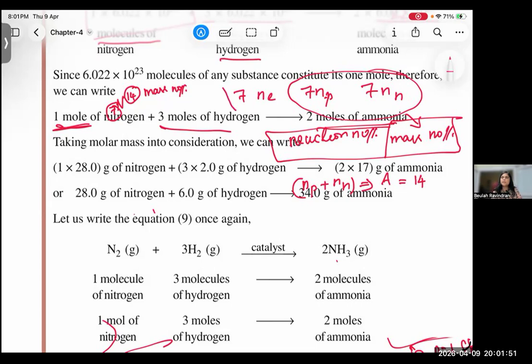What is this? This is the atomic number, designated by the letter Z. Mass number is A, atomic number is Z, so don't confuse them. So what is the mass number of nitrogen now? 14.